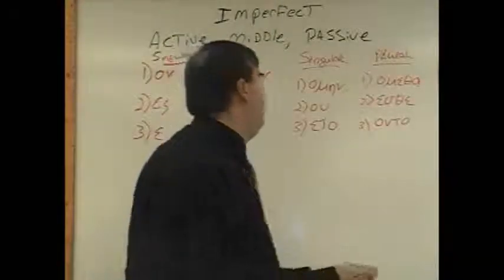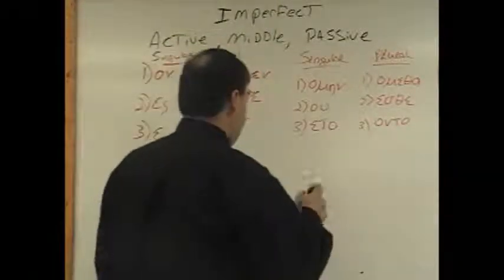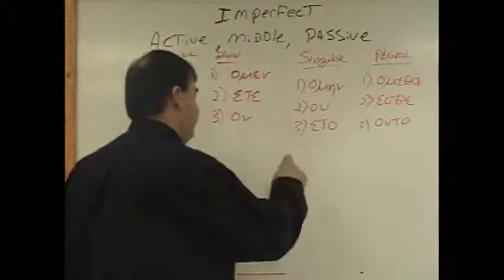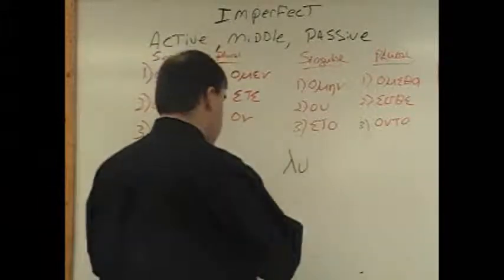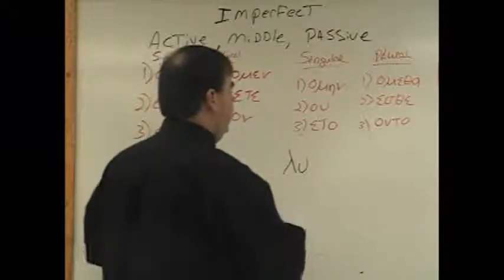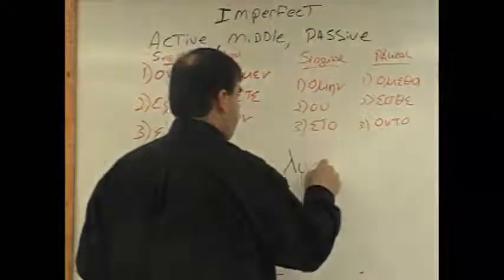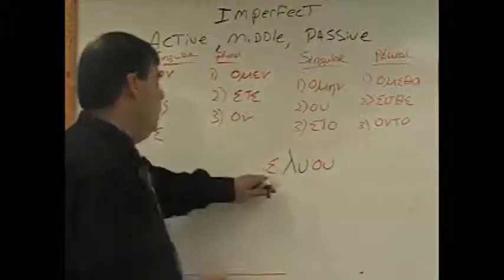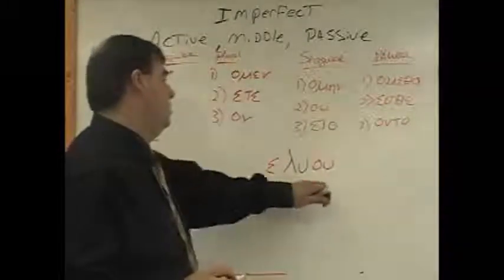Alright, same way if we're dealing with the passive and in the singular and plural. Let's do an example here in the middle with our word. Of course, we'd have lu, and then we'd have our ending, and let's use the u here, and then of course we'd have the augment here, elu, elu.